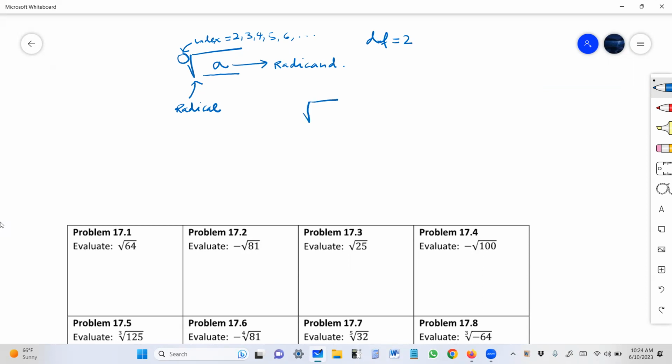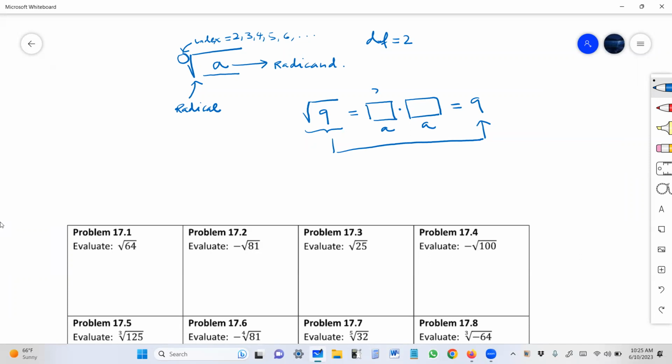So for example, when we have something like this, the square root of 9 or radical 9, we don't see a number for the index, so the index is 2. Now, to find the answer to this, we need to find a number, which I'm going to represent by a box, that's going to be multiplied by the same number. Both of these numbers have to be the same, and when I multiply both of these numbers, I get the number inside of the radical.